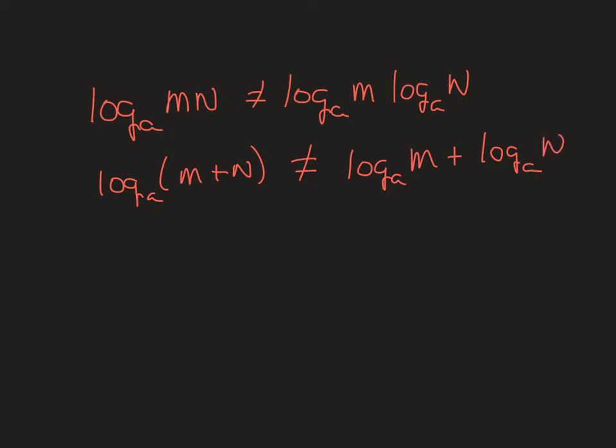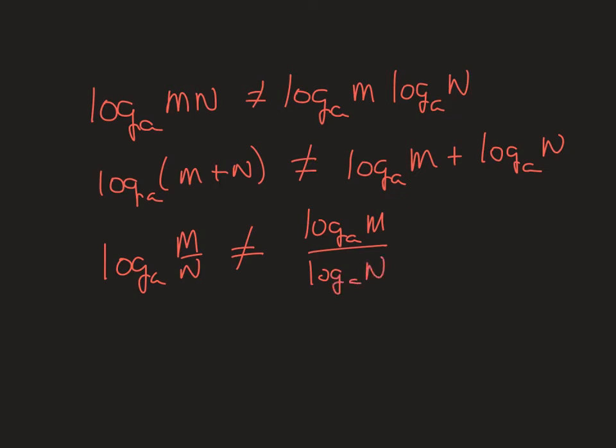I bring this up because a lot of people make these errors. The log base a of m over n is not equal to the log base a of m over the log base a of n. It's equal to the log base a of m minus the log base a of n.